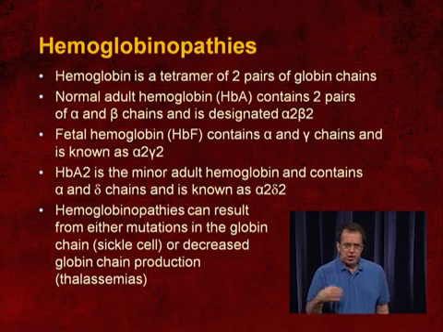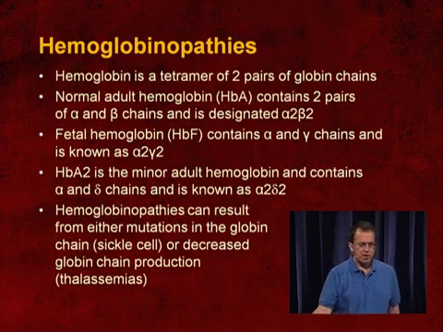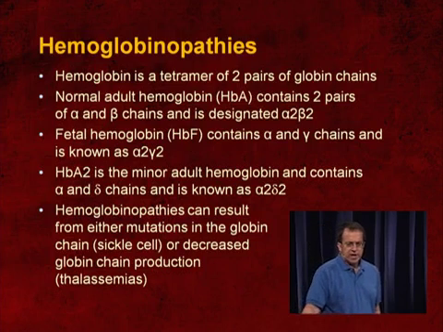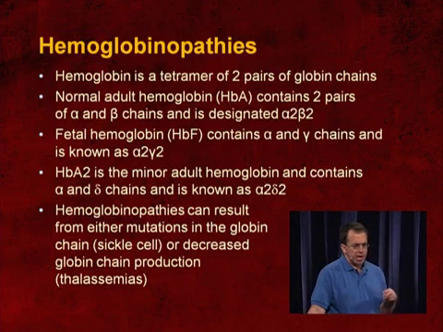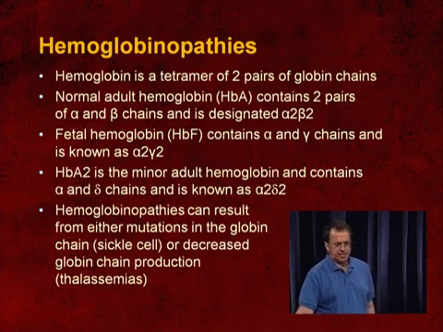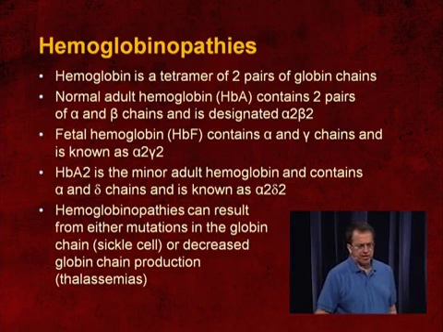Your normal grown-up hemoglobin contains 2 alpha chains and 2 beta chains, and is designated as alpha 2, beta 2. Fetal hemoglobin, made in utero, has 2 alpha chains and 2 gamma chains. Fetal hemoglobin, hemoglobin F. Hemoglobin A2 is a minor adult hemoglobin, and it contains alpha and delta chains and is known as alpha 2, delta 2.